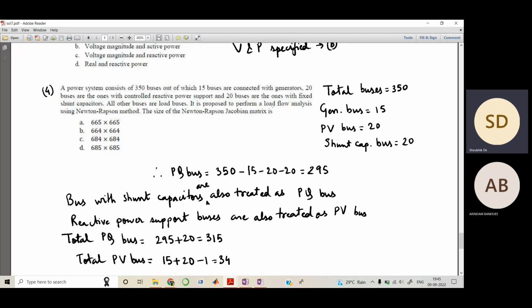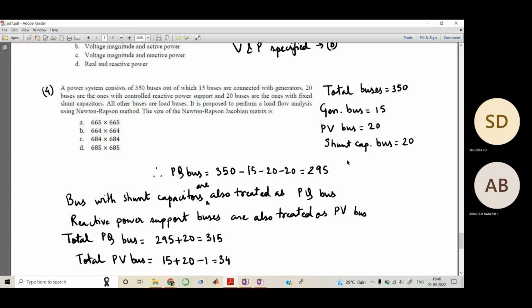So it is proposed to perform a load flow analysis using the Newton-Raphson method, and they have asked us to find out the size of the Jacobian matrix. For the Newton-Raphson method, you need to determine a Jacobian matrix, and every matrix has an order, right? 3 cross 3 or 4 cross 4 or whatever it is.